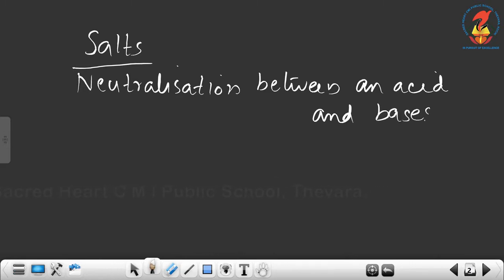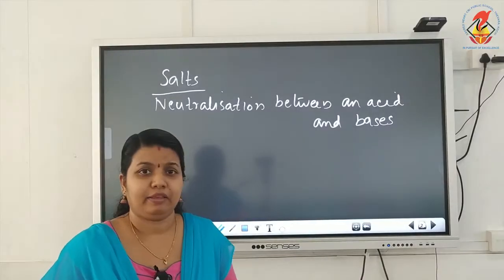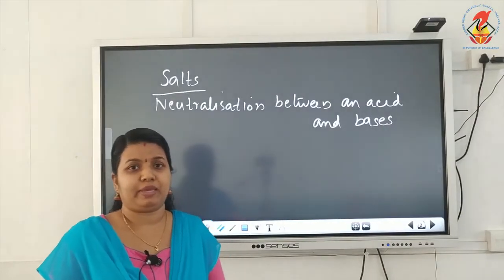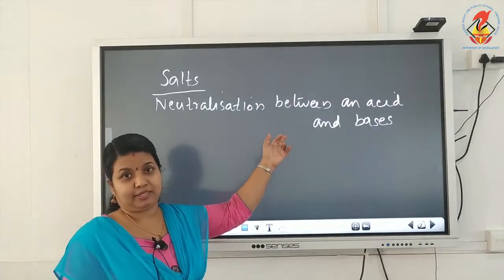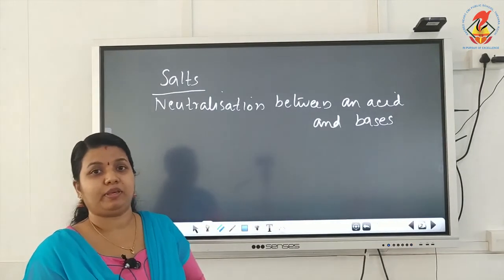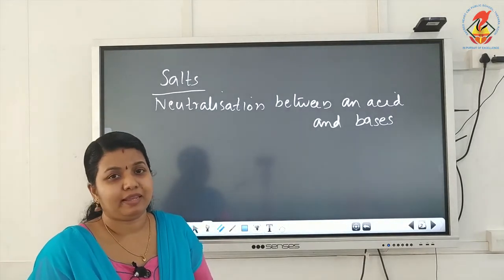When an acid reacts with a base, we get salt and water. Such reactions are known as neutralization reactions that we have learned under the topic chemical properties of acids and bases.